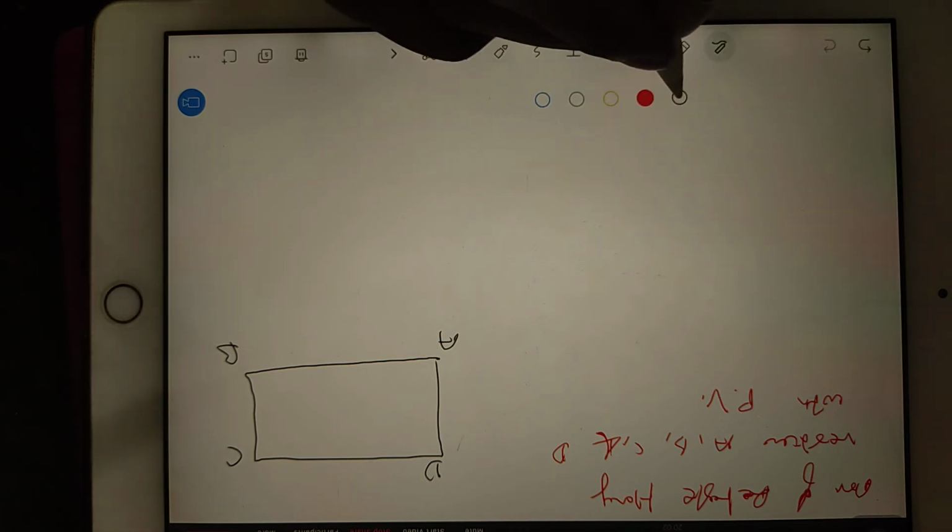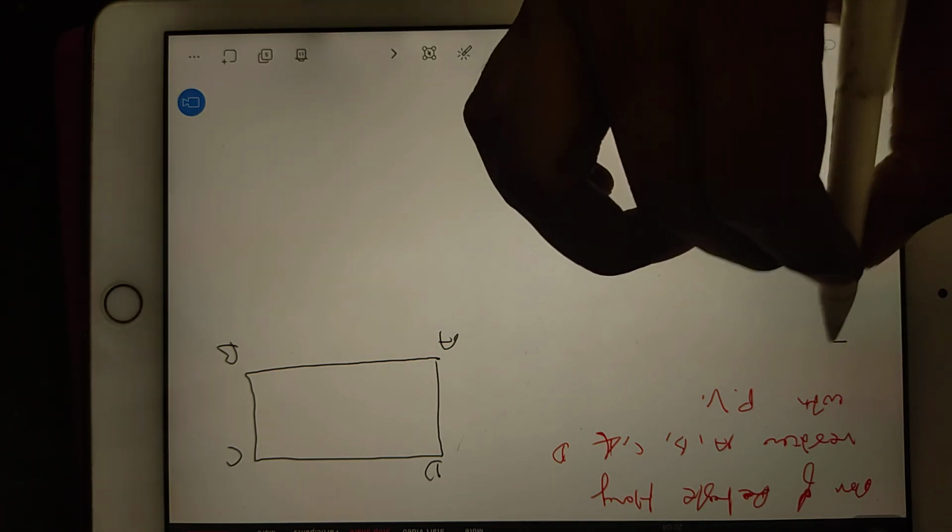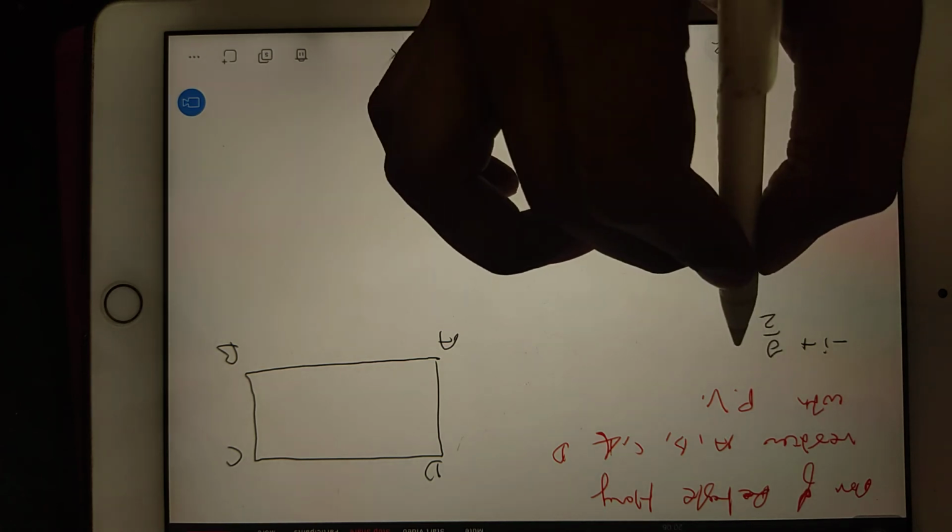Now 4 vectors are given with position vectors, minus i plus j by 2 plus 4k.